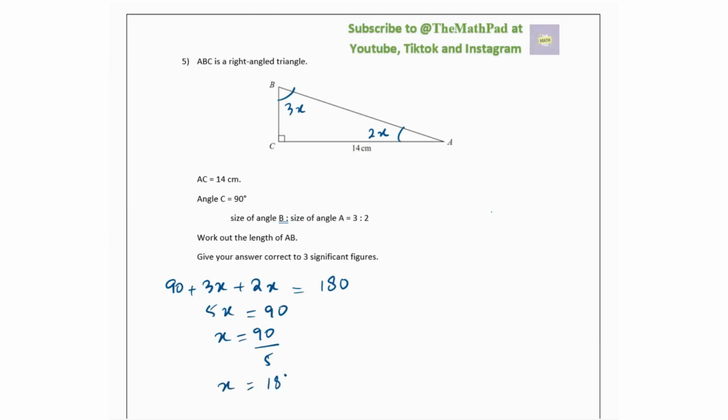So we have to find the length of AB, which is your hypotenuse. We can use either of these angles. Angle B would be 3 times 18, which is 54, and angle A would be 2 times 18, which is 36.